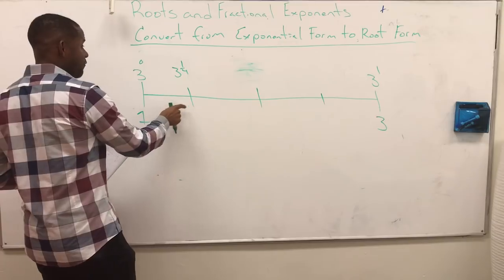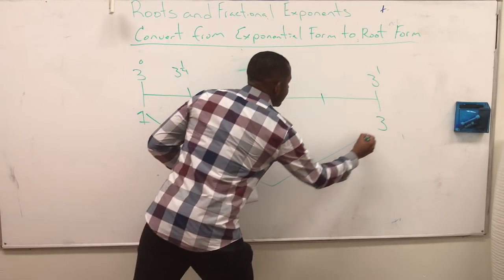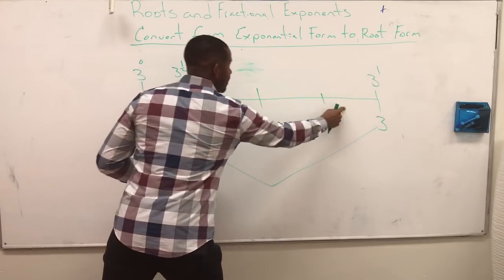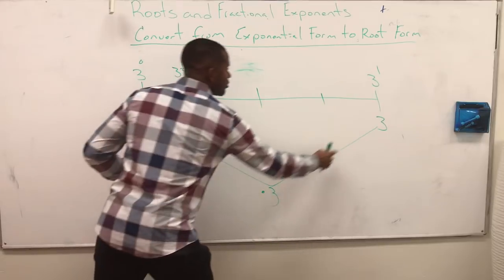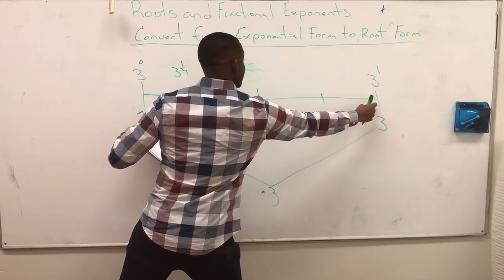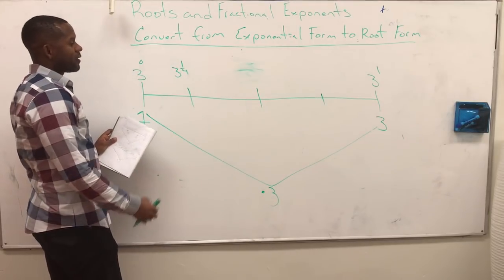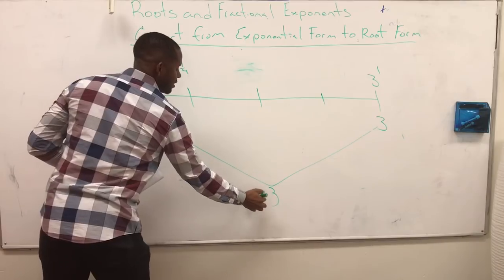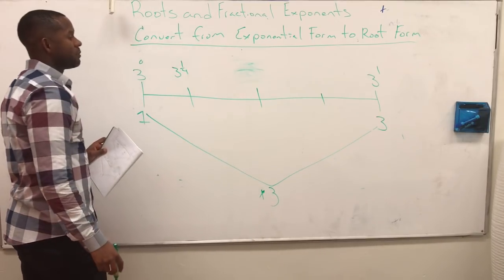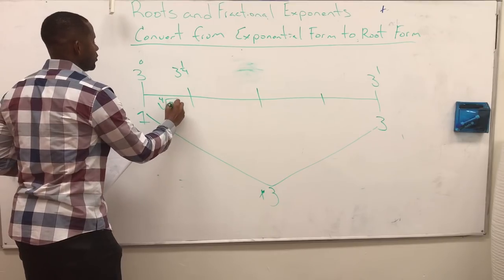That means I have 4 pieces that I ultimately have to multiply together to get times 3. 1 times 3 gets me 3. So for this whole part right here, I've got to find the same numbers that I can multiply 4 times to get times 3. Well, I now need the 4th root of 3.